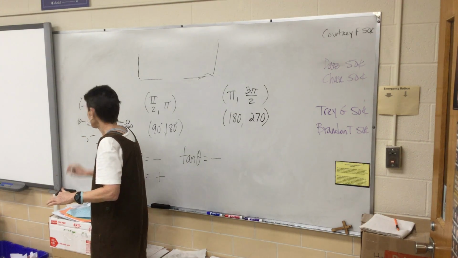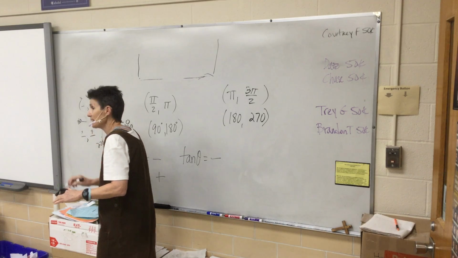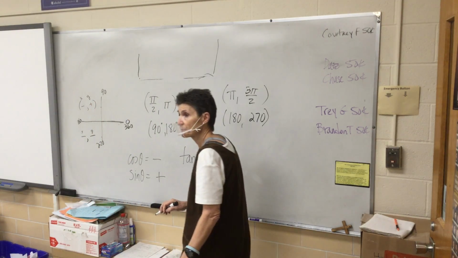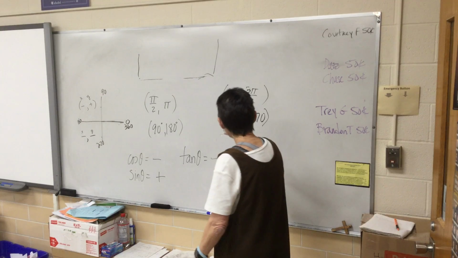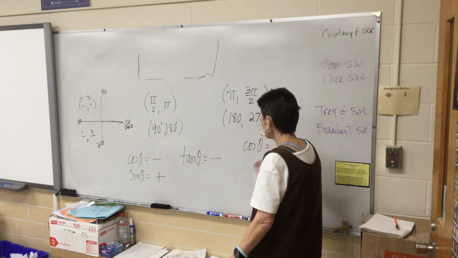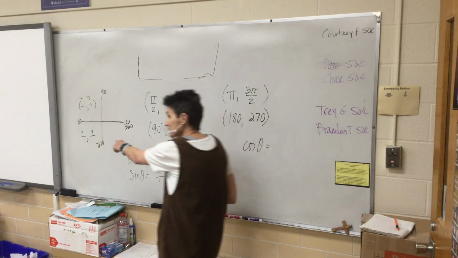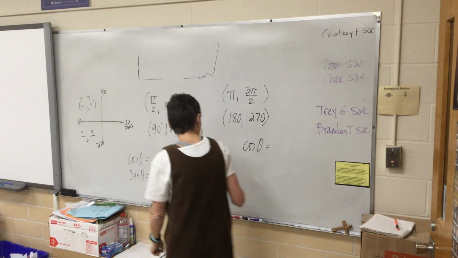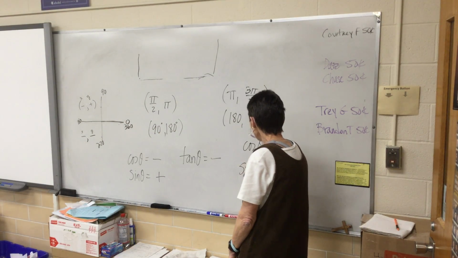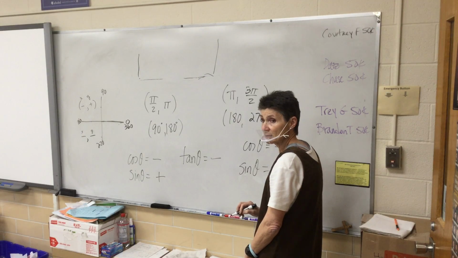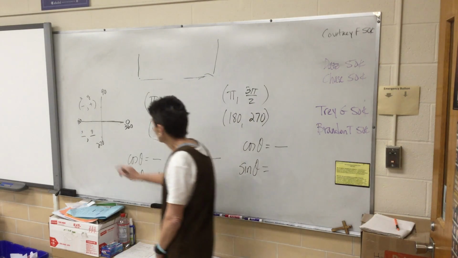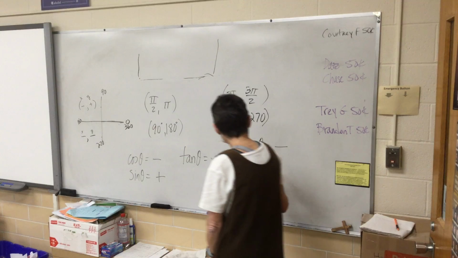So x is negative and y is negative there. If we want to know about the cosine, we look at x. X is negative. If we want to know about the sine, we look at y. Y is negative.